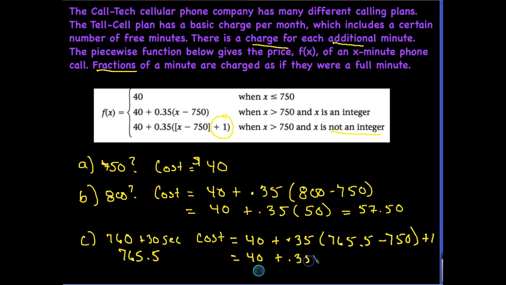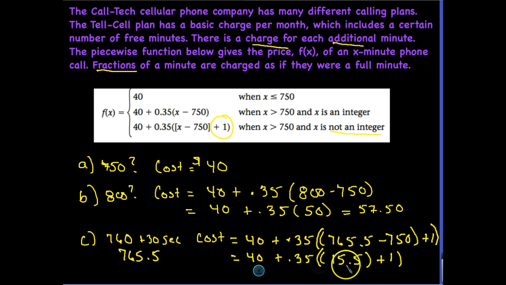And I'll show you how this will look. If we take 765.5 minus 750, we get 15.5. But what we really want to do is round up at the end. I'm doing my parentheses incorrectly here, so let's fix that.